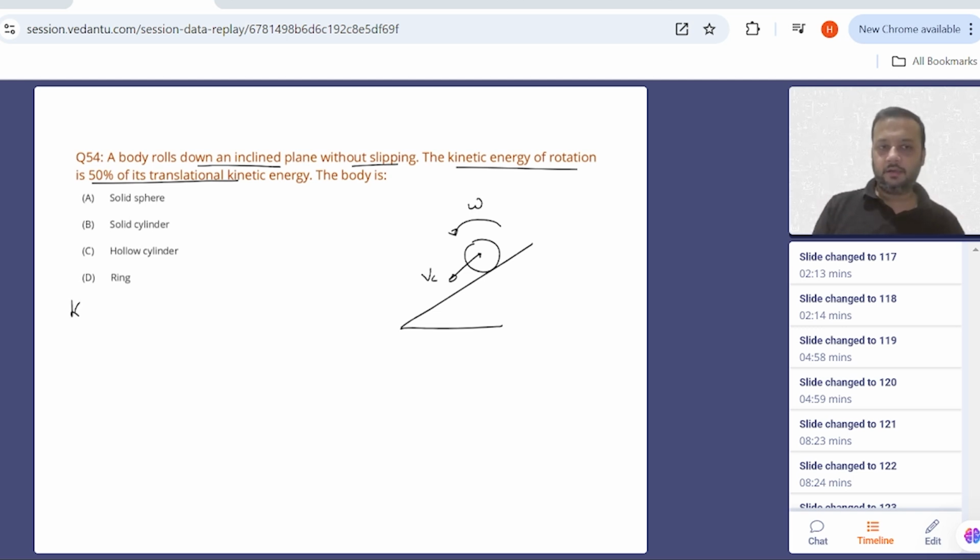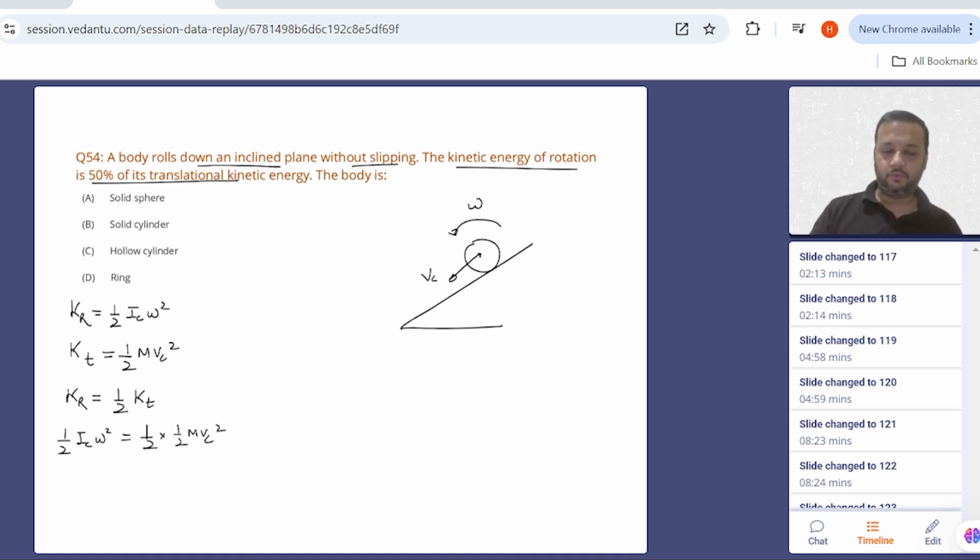So we know that rotational kinetic energy is half Ic omega square, and translational kinetic energy of the body is half m vc square. Now according to the given situation, K rotational is half of K translational, which means that half Ic omega square is equal to half of K translational, which is half m vc square.